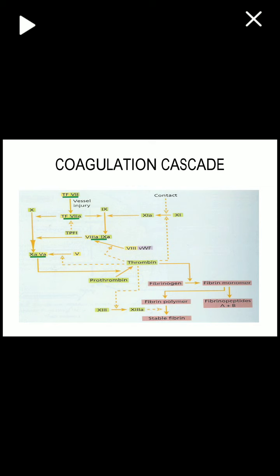So this is the normal coagulation pathway, where overall we have 13 coagulation factors. These coagulation factors act together to form a clot, that is a fibrin polymer or stable fibrin clot. Once the clot is formed, this clot also is dissolved by the tertiary hemostasis.